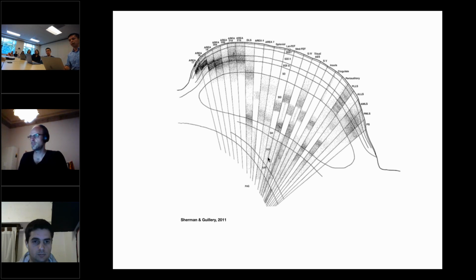So their argument is this: the farther you are away from, or the earlier in the sensory processing stream, you have some kind of a motor plan. But don't think of the motor plan as something that's articulated coming from the motor cortex.